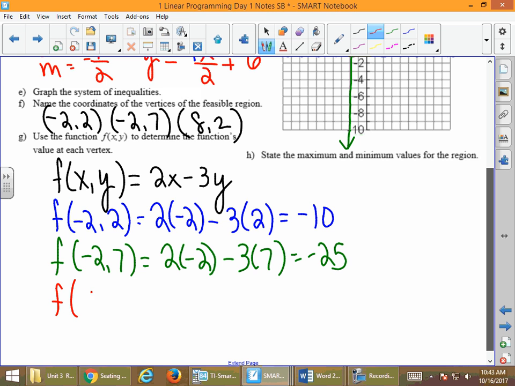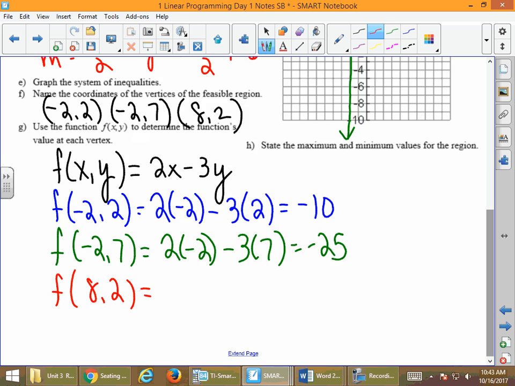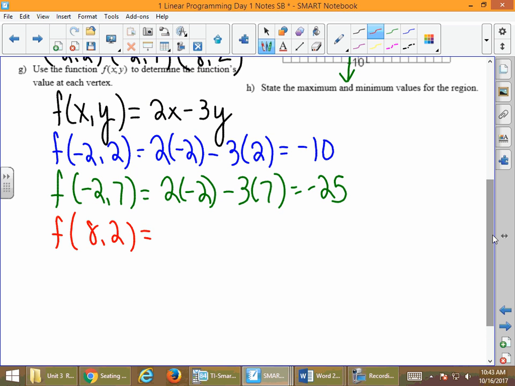And f of 8, 2 is going to be 2 times 8 minus 3 times 2. 16 minus 6, which is 10.